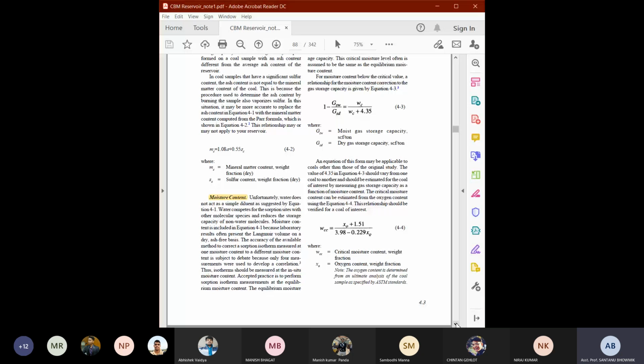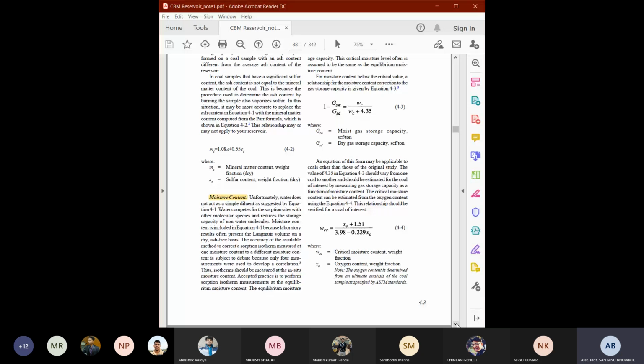So obviously, the gas storage capacity will also be less because the storage spaces are already filled by the water particles. So that's why the detrimental effect of the moisture on the gas storage capacity is always considered. As the moisture percent increases, the gas storage capacity is going to decrease.